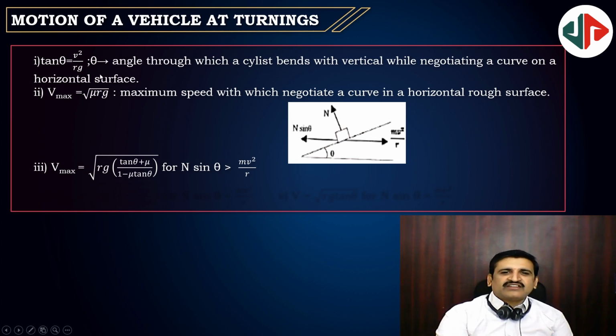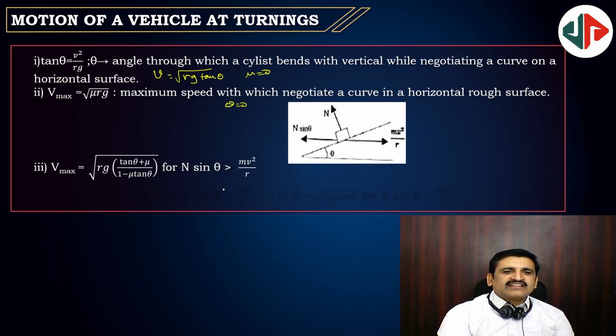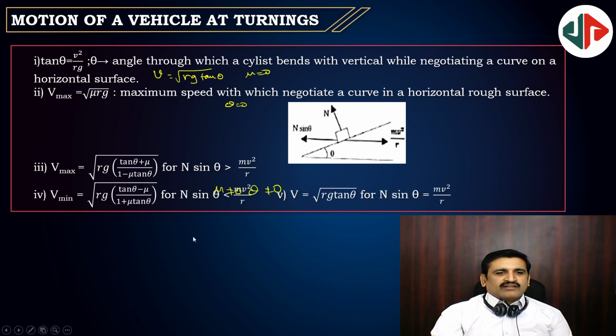Here I will write that also, in another color: V is equal to root RG tan theta. This is friction 0. Here banking is 0. And here friction is not 0 and banking is also not 0, in that case this one. So these are the things.